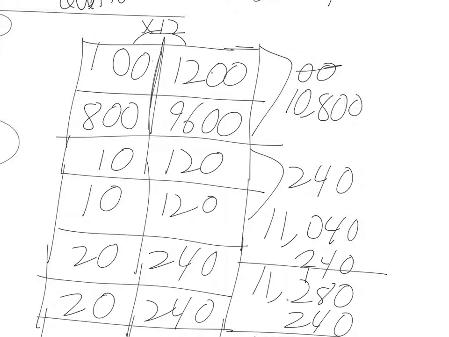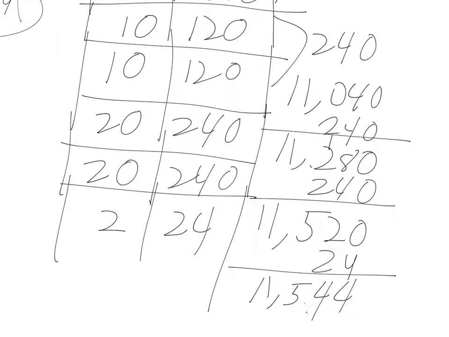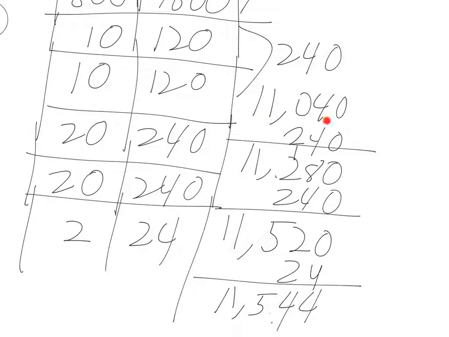So I went ahead and solved the rest. I did 10 times 12, that's 120, and I added it in to get 11,040. I could add in more, so I did 20 this time because it's 10 plus 10. 20 times 12 is 240. And I added that into the 11,040 again. And then I did it again, and I got up to 11,520.